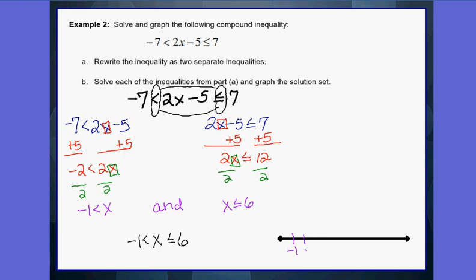So this is 0, 1, 2, 3, 4, 5, 6. Okay, we need an open circle on -1, but an enclosed or shaded circle on +6. And then of course I need to shade to include all of the real numbers in between.